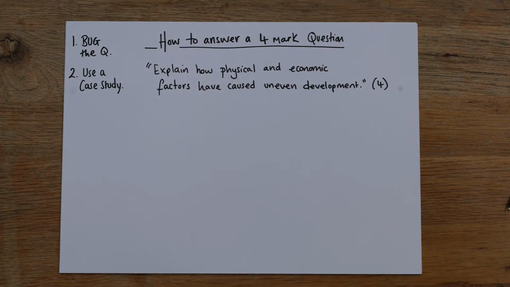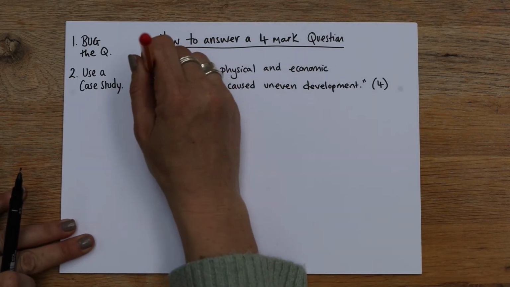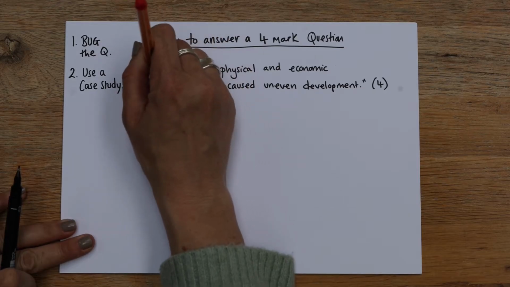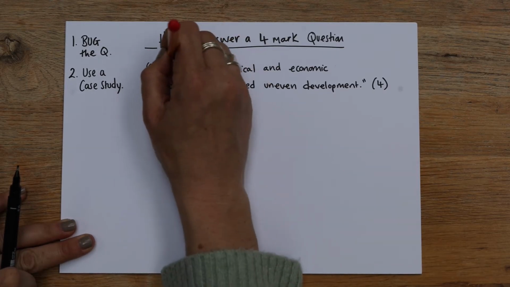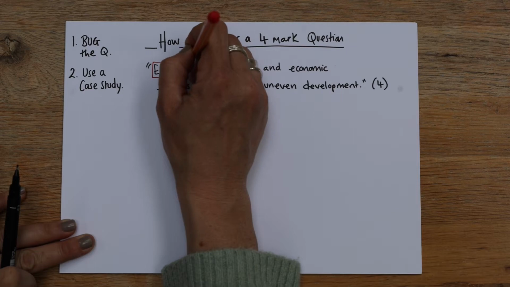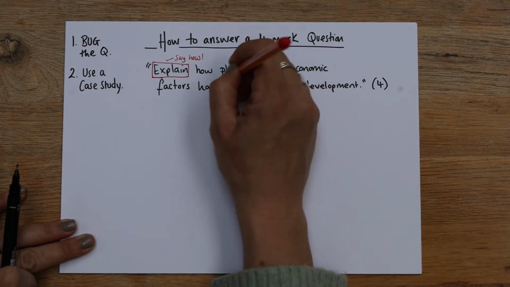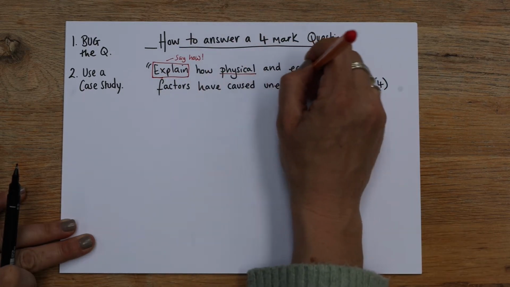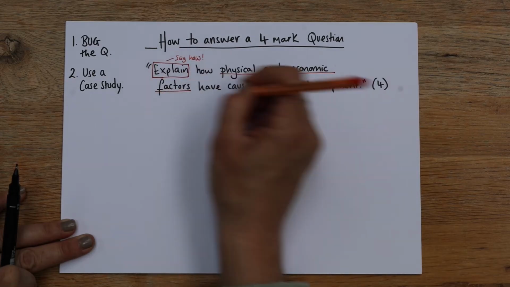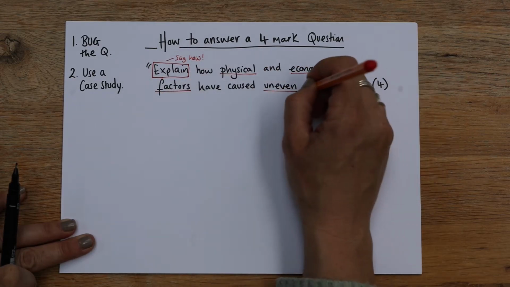And actually, you'll see that it isn't like a specific case study, but it is relating it to a place, and that will make sense in a minute. So, explain, we're going to box that word. So remember, we've got to say how. If we're not sure, write it there. We're going to say how physical and economic factors can cause uneven development.